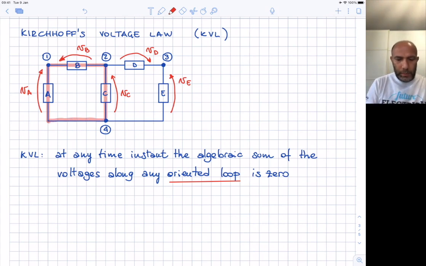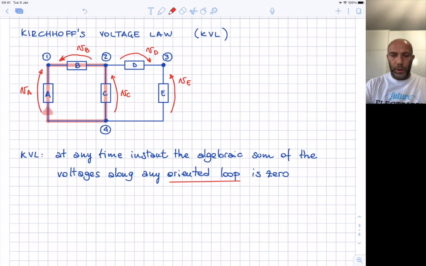But this path must be oriented. So we have to define if we follow the path according to the clockwise or counterclockwise orientation. For example, let's consider this with the clockwise orientation.